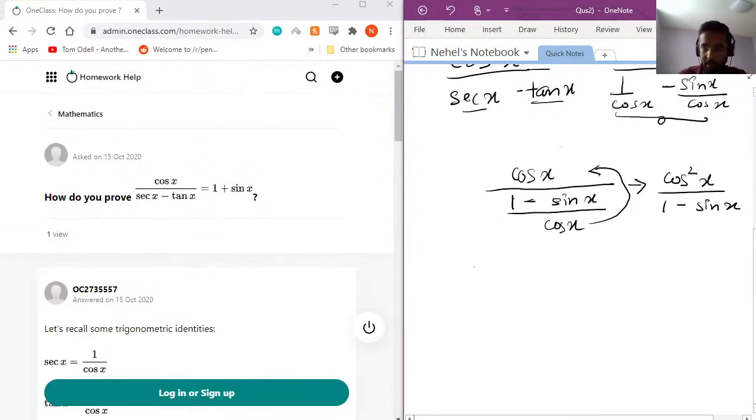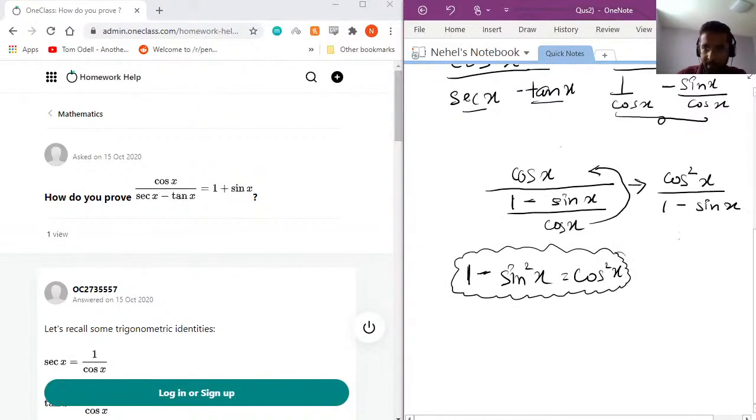So similarly, from that property, we can also say that 1 minus sine squared x is actually cos squared x. I'm just going to draw a bubble around it so you remember this is my thought process. And then carrying this forward, I'm going to use my thought process and try to get to that.